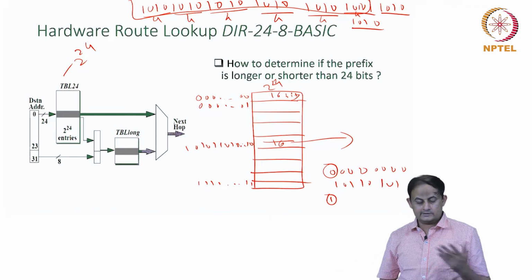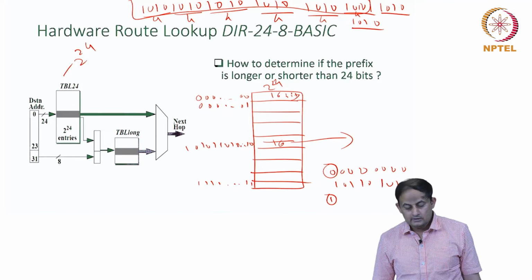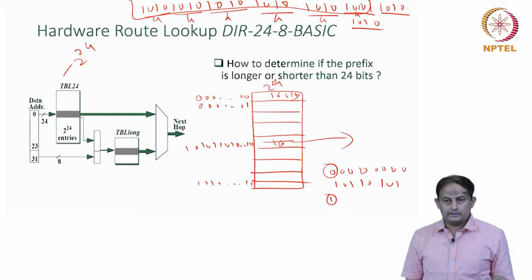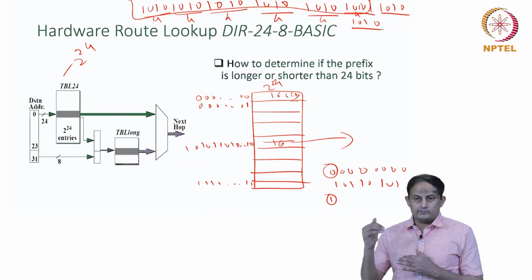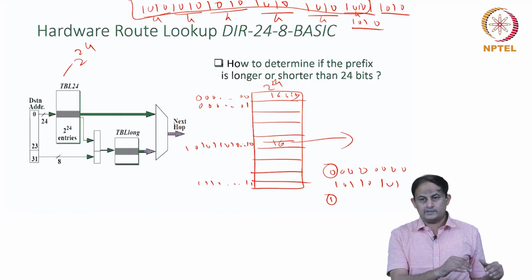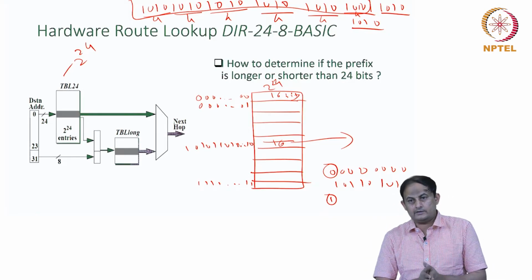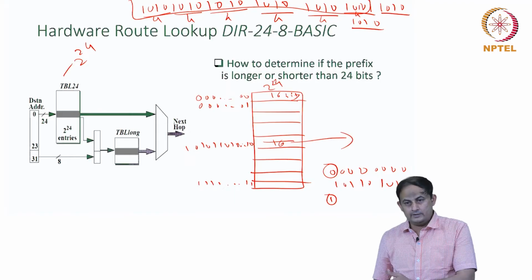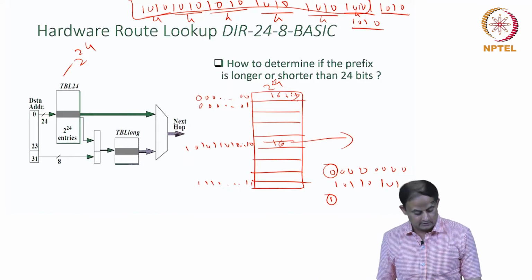Now, what does the second level table contain? The second level table contains 256 entries for every possible prefix in the first level entry, if the prefix is longer than or equal to 24 bits.